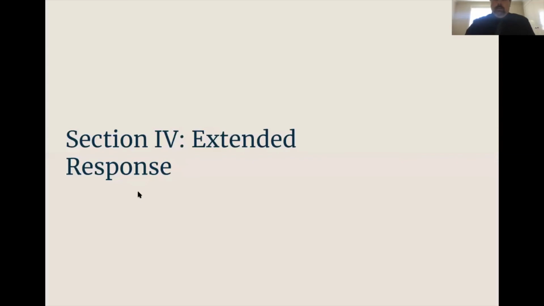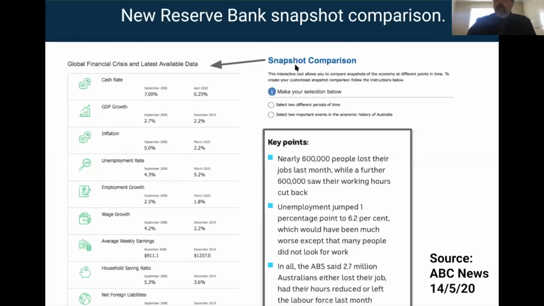Another one is the Reserve Bank snapshot comparison. If you type that into your search browser, you come to this site, which is a snapshot comparison. You can select between time periods and different events in economic history, like the GFC. The one I chose was the GFC in September 2008, and it automatically picked that event.